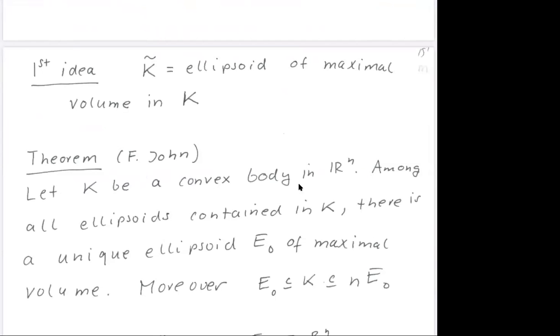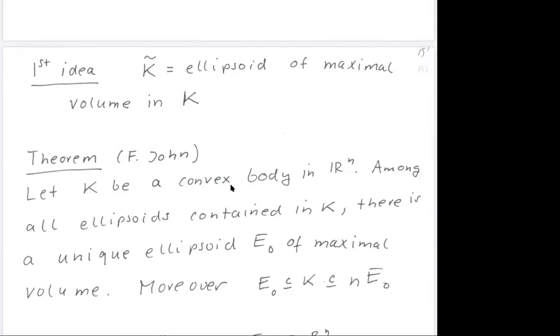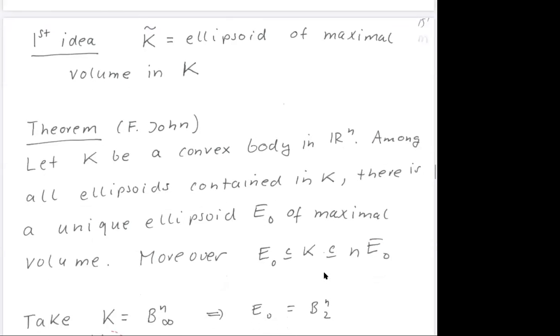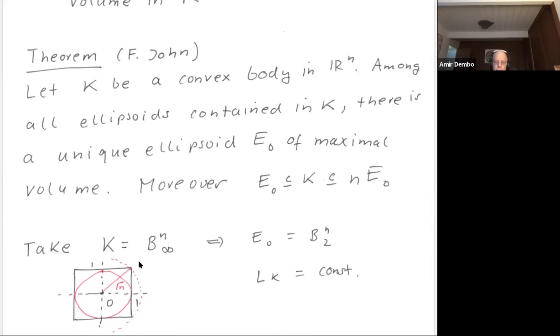So let's look at an example to try to see if that works. Here I have written what the ellipsoid of maximal volume is. That goes back to Fritz John. It says that if a convex body K is given in R^n, then there exists an ellipsoid, which I've called E0, of maximal volume contained in K, and it's also unique. So let's look at the example of K being the L infinity unit ball.